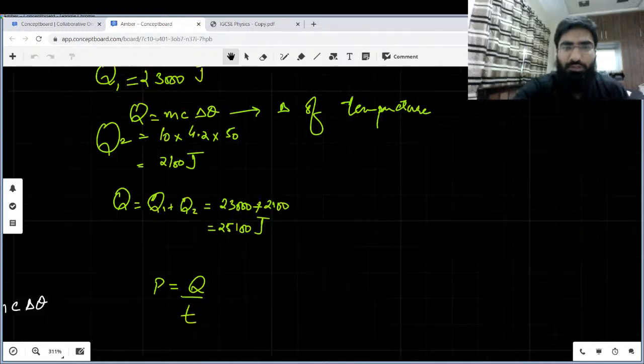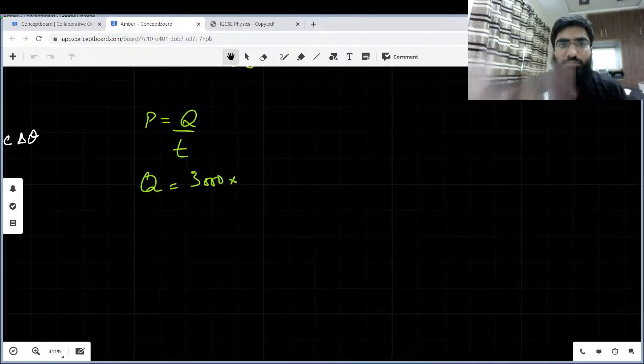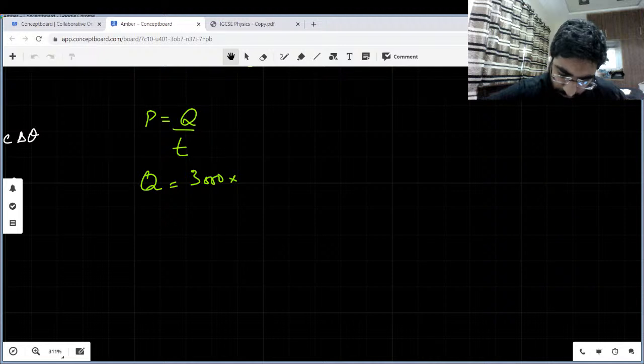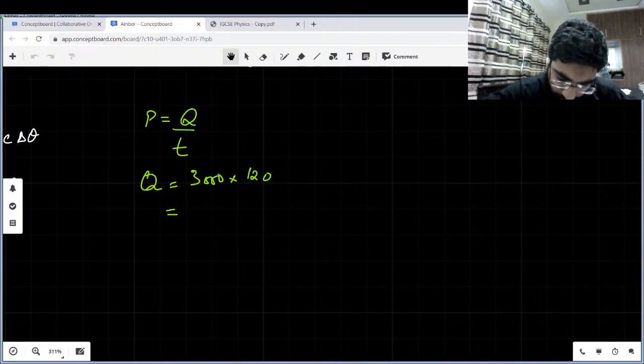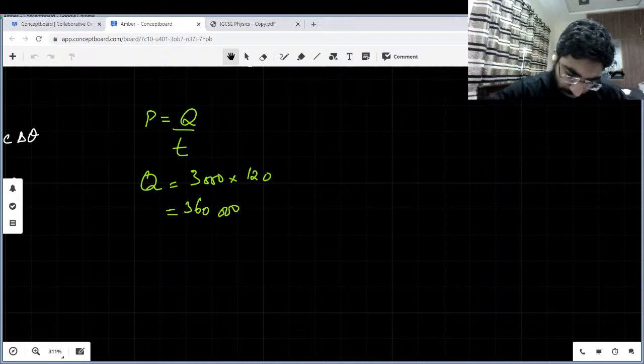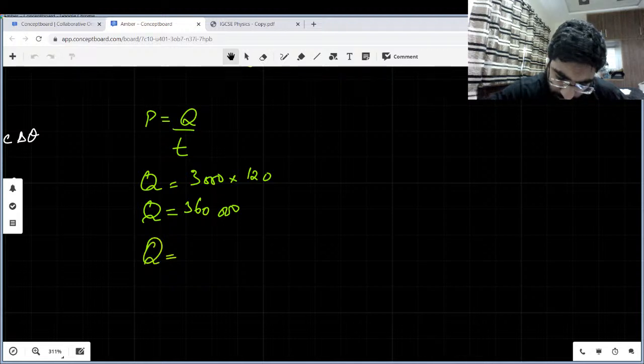So Q is equal to power is 3000 and time is 2 minutes. So that would be how much? 2 minutes would be 120 seconds. So 3000 into 120 you get 360,000, and then you use Q is equal to mass times latent heat of vaporization, and Q by Lv is equal to mass.